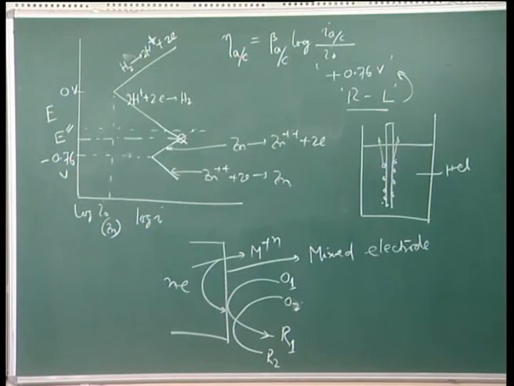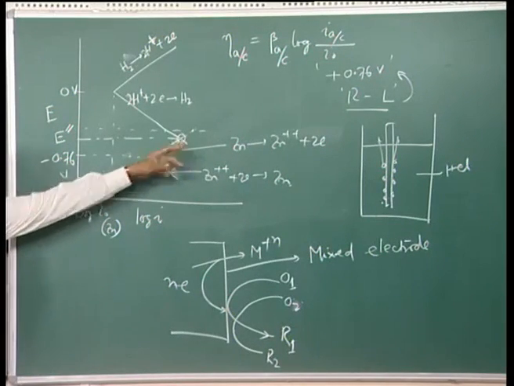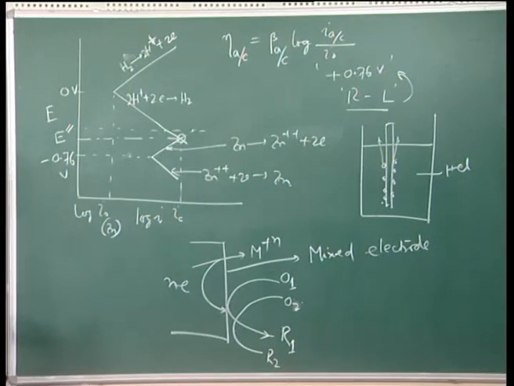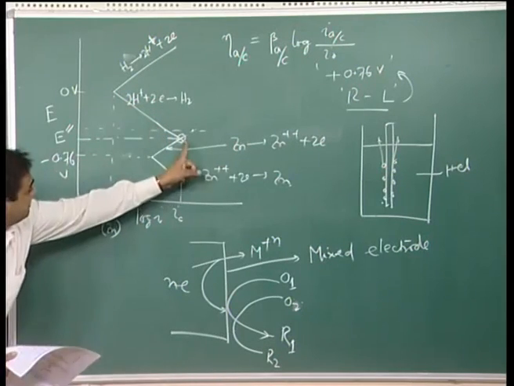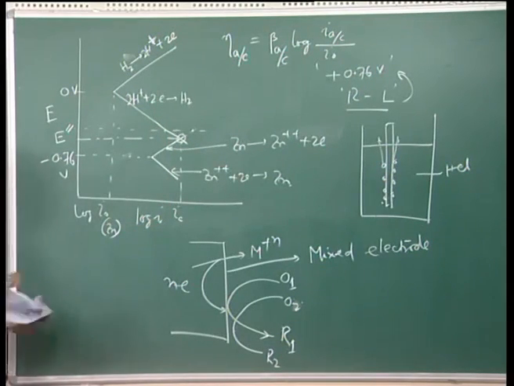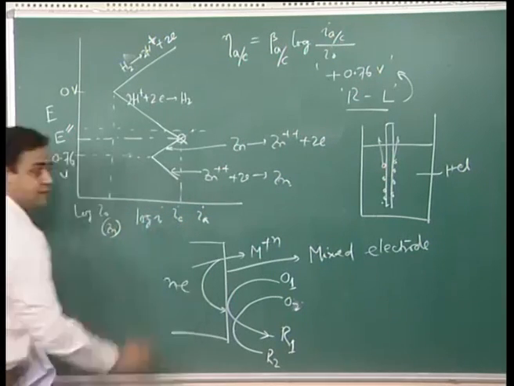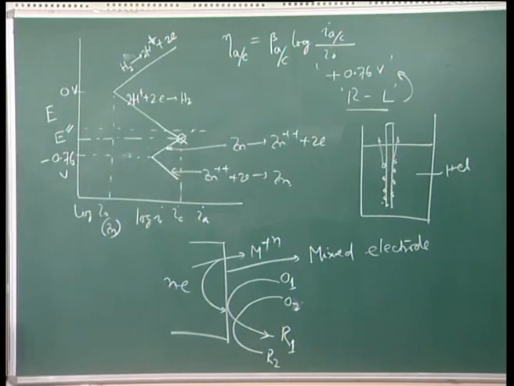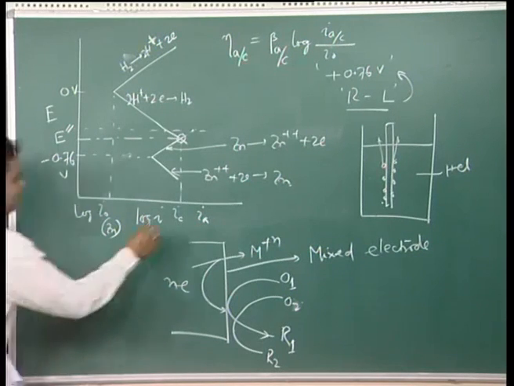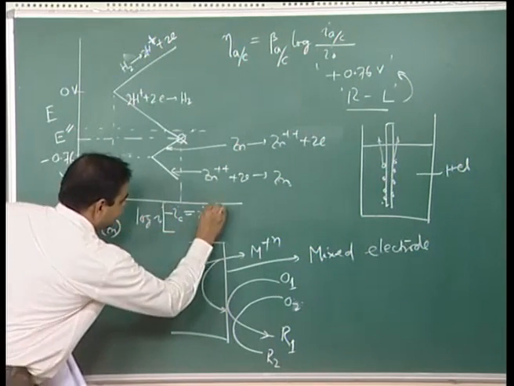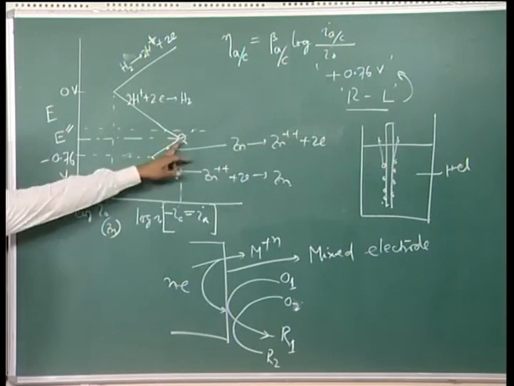Now, interestingly, at this point I see what my I_C is, this is my I_C, and at the same time what my I_A is, the anodic current, along this line. You see the magnitudes of those two currents are the same. So these are equal, and this is valid at this point.